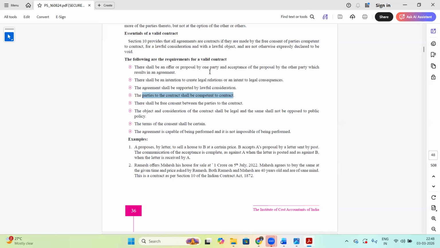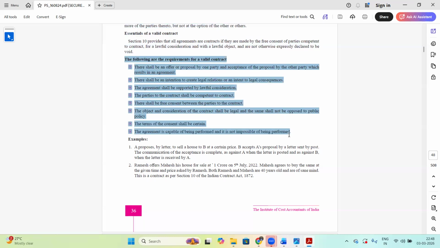No, because there is no free consent. Based on such examples, you should be able to identify what the question is. Many times students know the answer, but are not able to arrive at a conclusion. By understanding the concept properly, students will be able to answer.